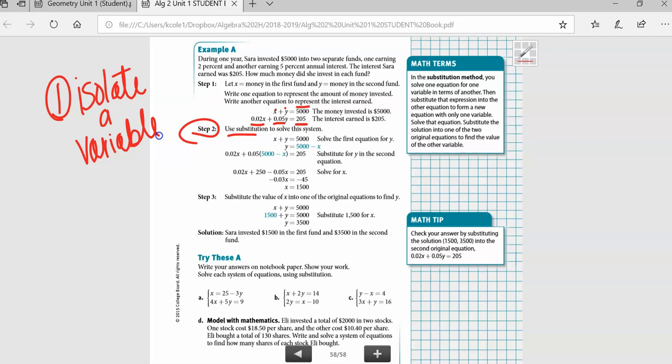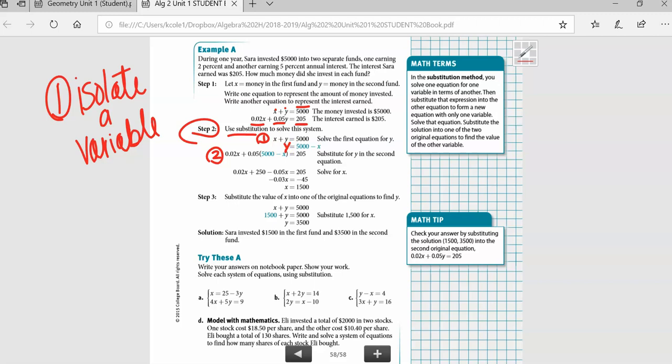So they chose equation number 1, and they're isolating Y. So they had to get rid of X, so you can see they subtracted X. Now that they have equation 1 isolated, you substitute that into equation 2 right there for Y. Because that's who you solved. That's who you isolated, so you plug it in.